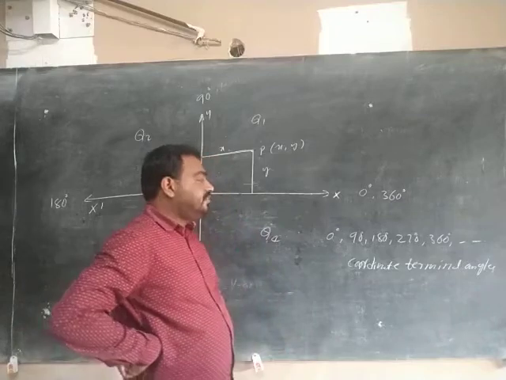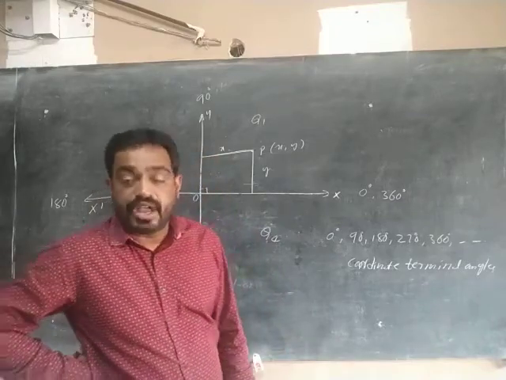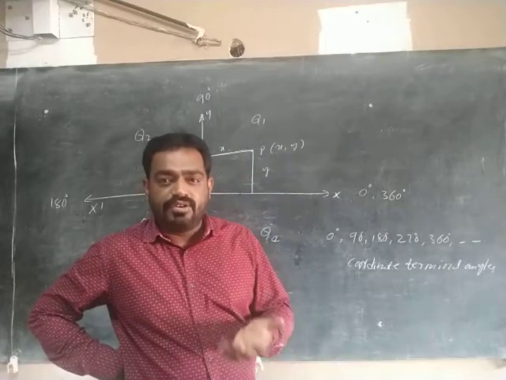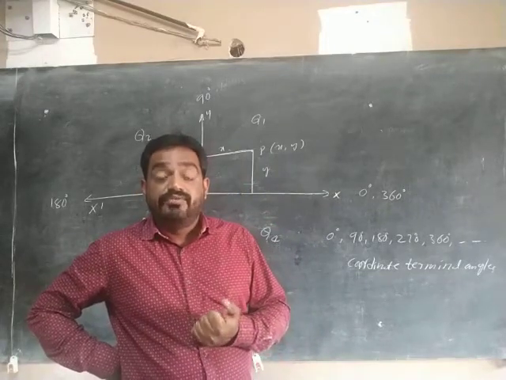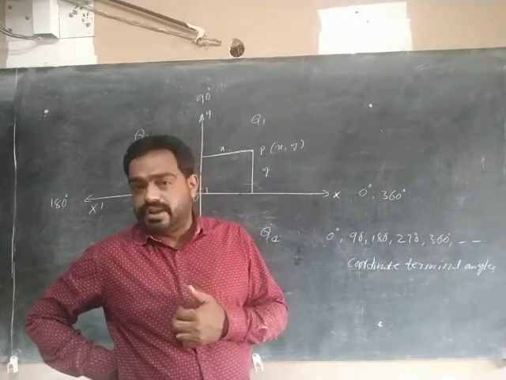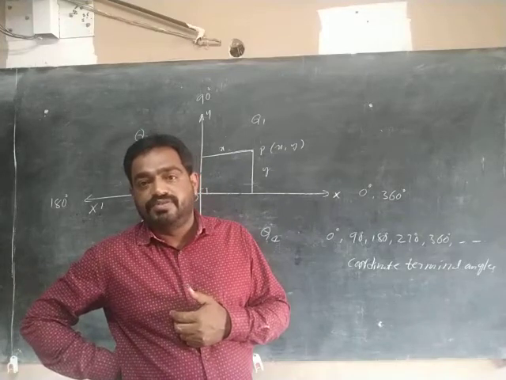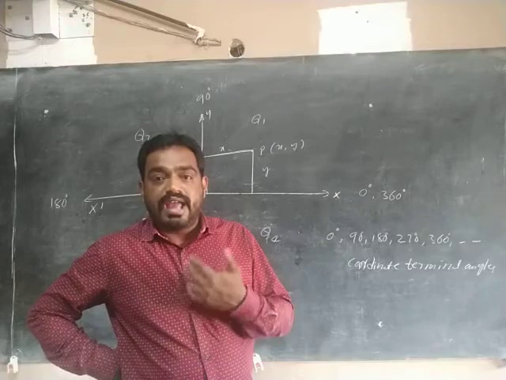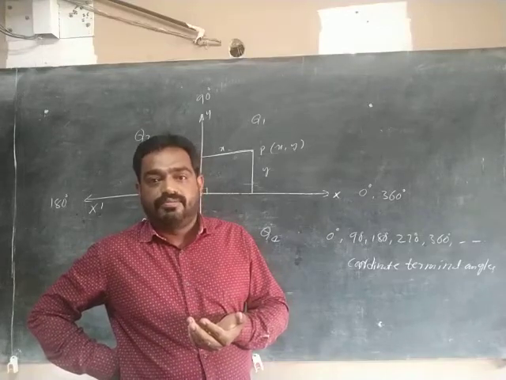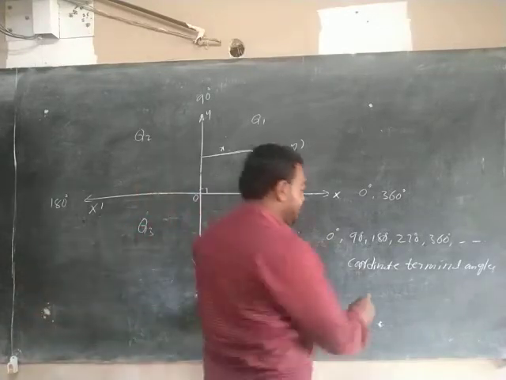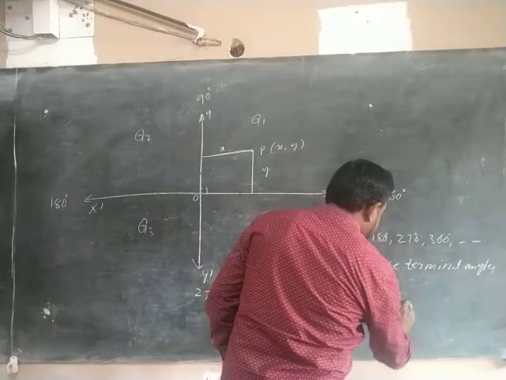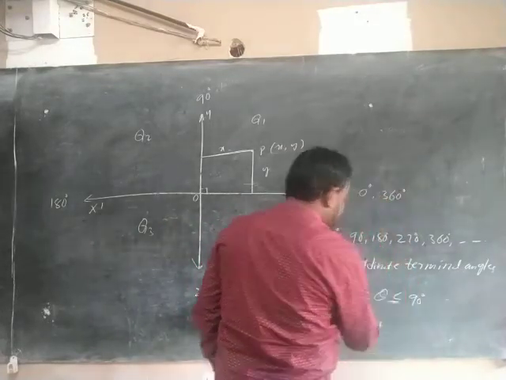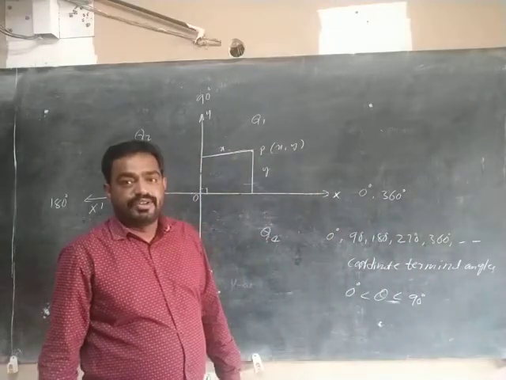Now, if theta is an acute angle. Acute angle means what? An angle which lies between 0 and 90 degrees, that is, less than 90. So my theta lies between 0 degrees and 90 degrees.